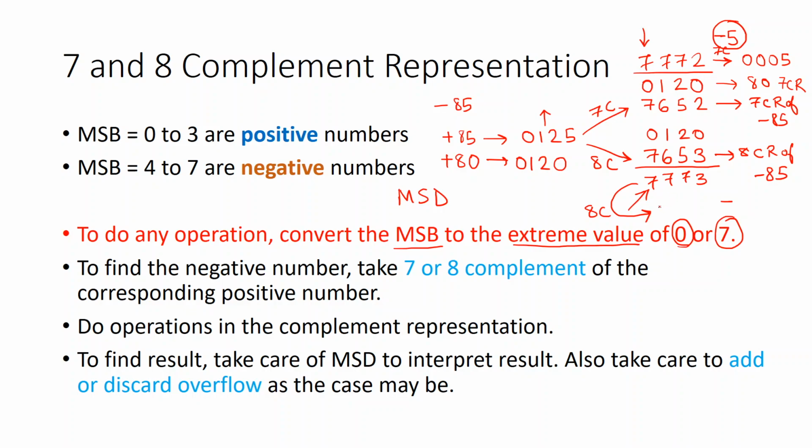Don't forget to add the 1, and when you do that, you will again get this, and the magnitude would be 5. Minus 5 is your answer. So I hope you got it. I will not repeat this process for the other number systems. You can pick any quantity you like and work out for your own practice in the other complement representation systems also.